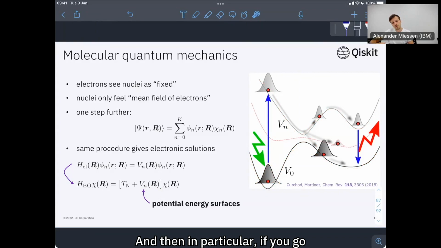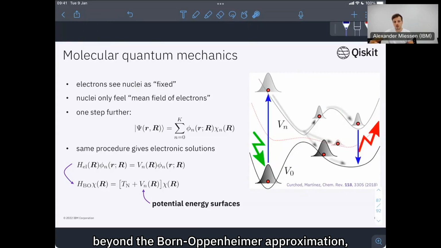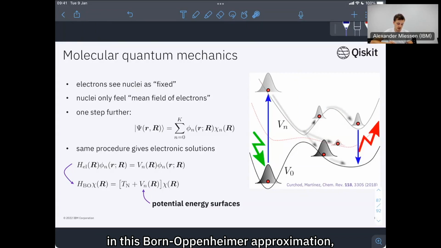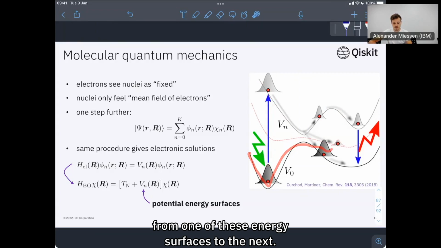And then in particular, if you go beyond the Born-Oppenheimer approximation, so you start including certain couplings here, you can start introducing couplings between these potential energy surfaces, and your wave packets can suddenly jump from one of these energy surfaces to the next, okay?